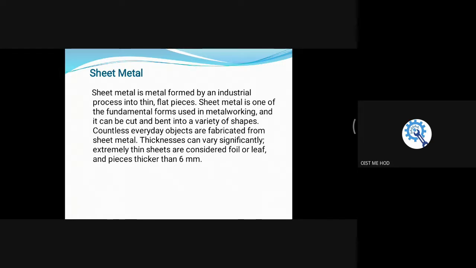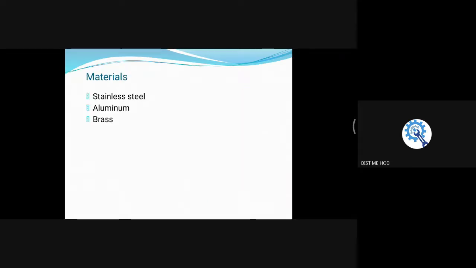When the objects are going to be fabricated from the sheet metal, you can see there is so much work being done with the fabrications, like making a drum, making buckets, making small dabba, जिसको बोलते हैं small dabba containers. This is also being used with the foils only, and the metal sheet can be thickness of 6 mm or more, and the sheet metal can be stainless steel, aluminium, brass.